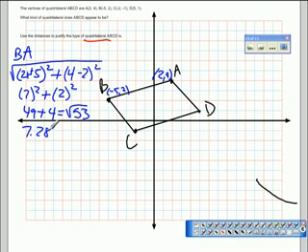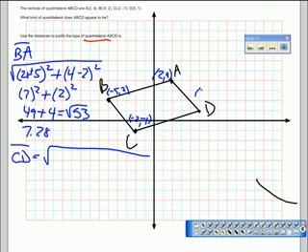units. Now, if this is a parallelogram, CD will be the same length. So let's find the length of CD. C is at -2, -1, and D is at 5, 1. My first x, which x should I pick to be first? Or which one would you pick? 5? 5 minus a -2 squared, that becomes plus.